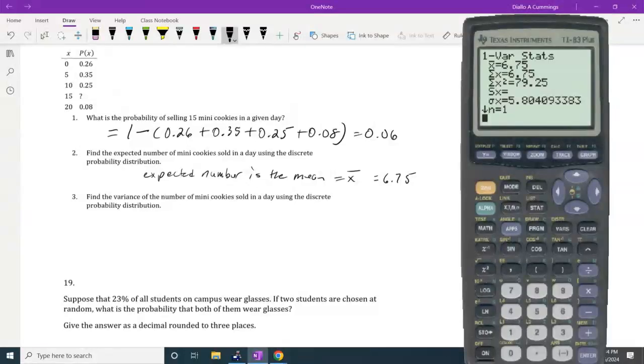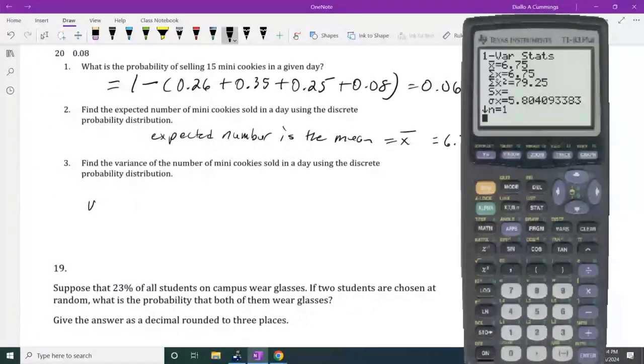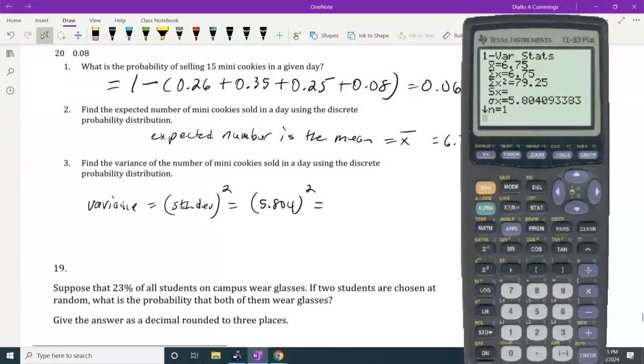So we have to take this standard deviation value, which is 5.804, and we have to square it.